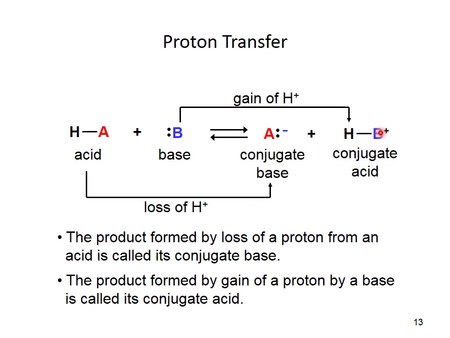And if you look at this moving back this way, you see it gives up a proton. That makes it an acid. Because these two are pairs, connected by the transfer of a proton, they are called conjugates, and we'll say this is the acid and this is its conjugate base. This is the base and that's the conjugate acid.